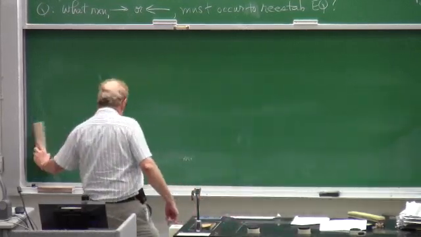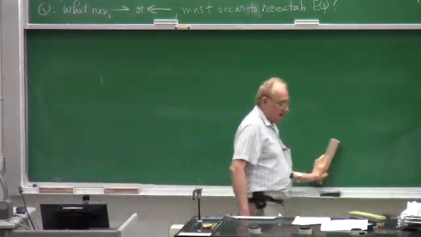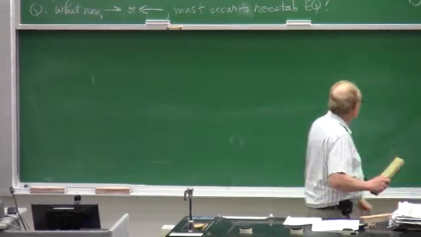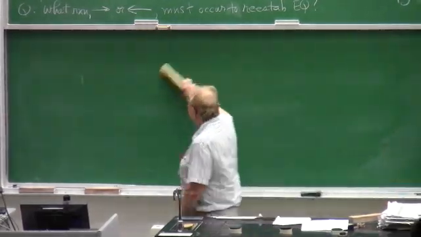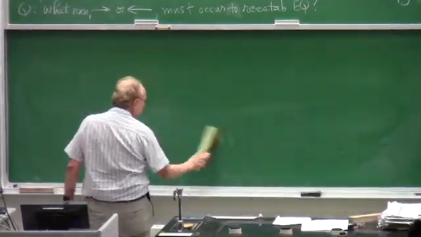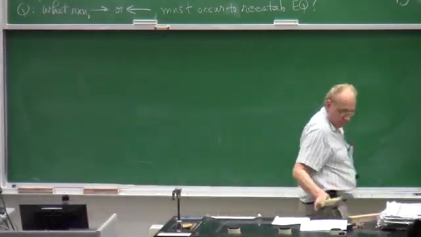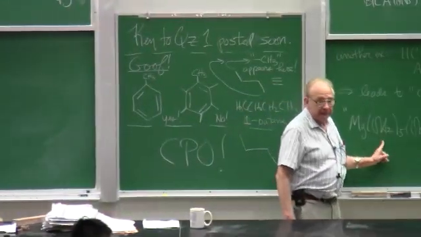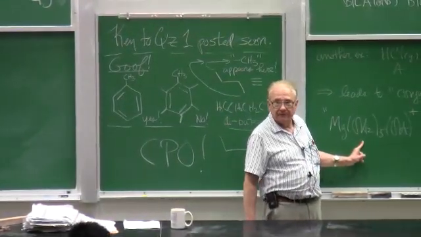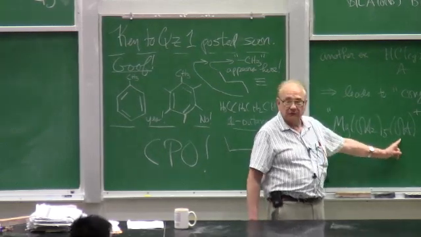Now then, what's at issue here? What's at issue is to recognize that to write the formula for the conjugate acid of this, I need to do what to this formula?